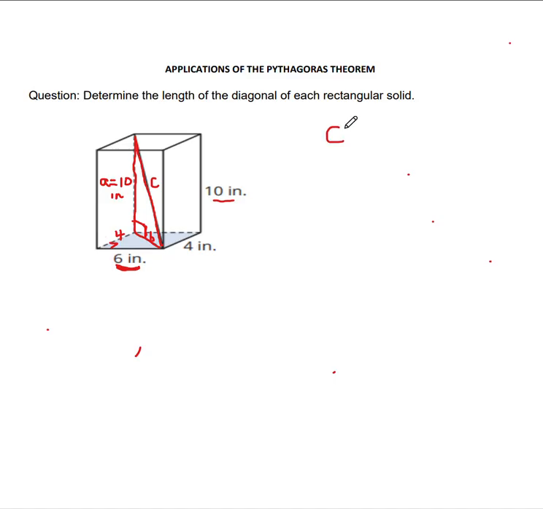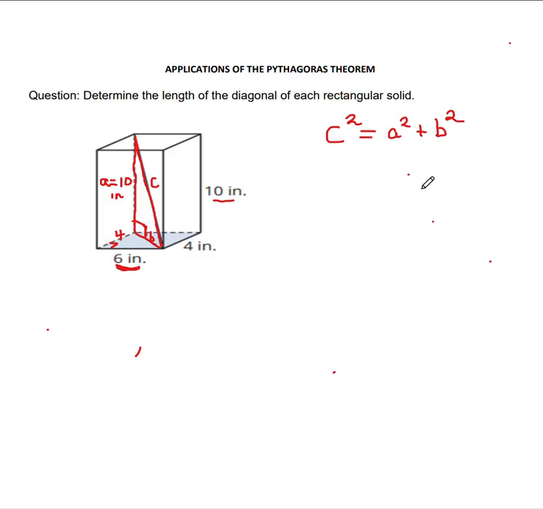Now we know that the Pythagoras Theorem says that C squared, C being the hypotenuse, which is the diagonal or longest length in a right triangle, is equal to the sum of the squares of the other two sides in a right triangle. This is what the Pythagoras Theorem says.